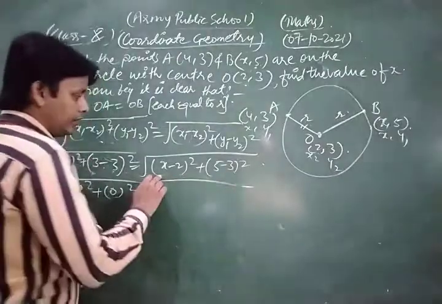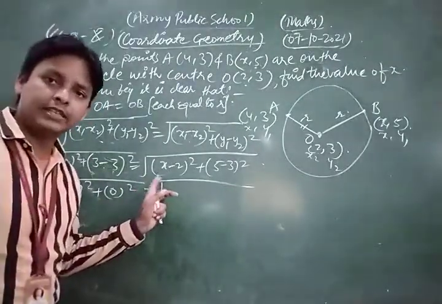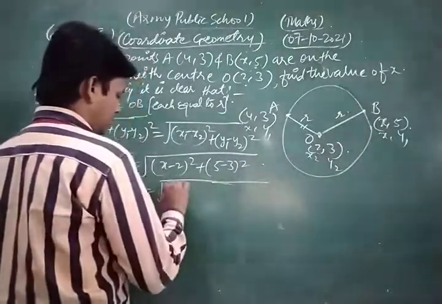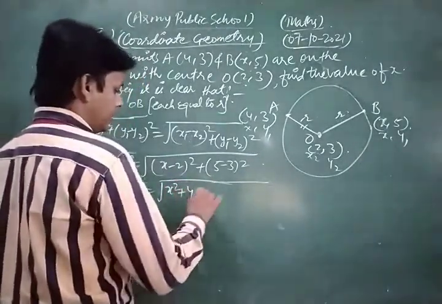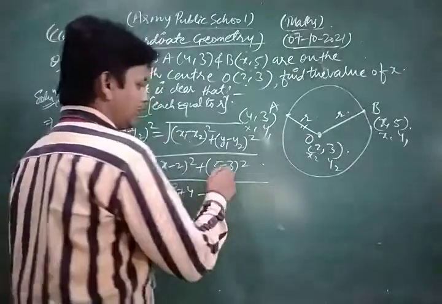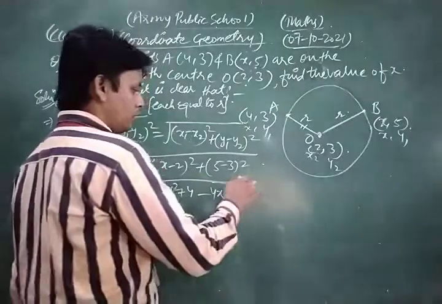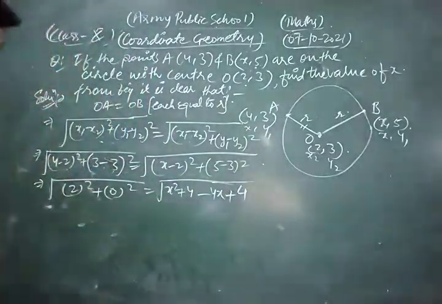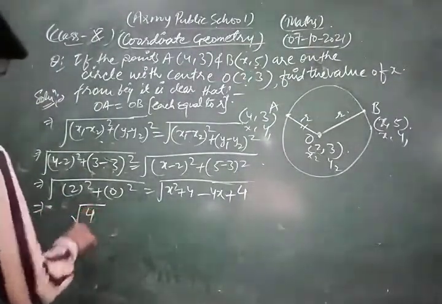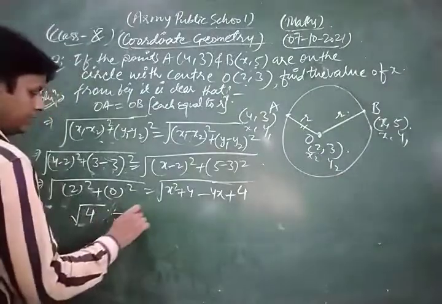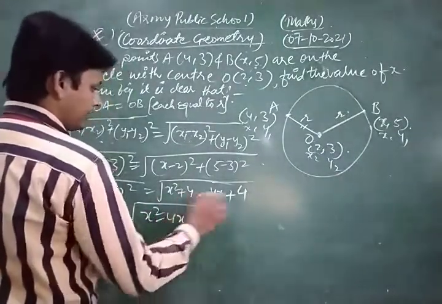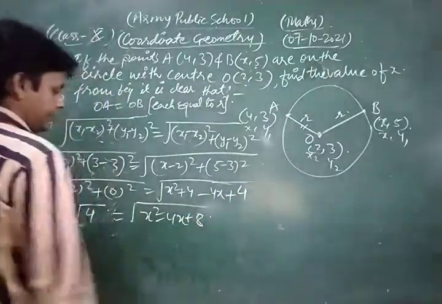We expand (x minus 2) squared based on the identity (a minus b) whole square, which is a square plus b square minus 2ab. Now 5 minus 3 is 2, so 2 squared is 4. So in the square root we have 2 squared is equal to x square minus 4x plus 4 plus 4, which is plus 8.